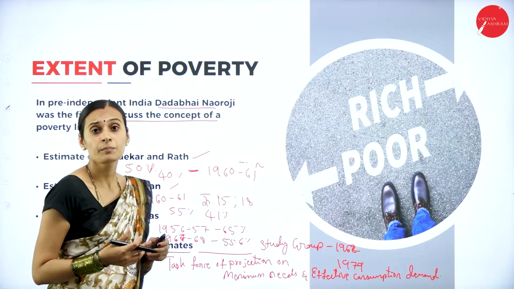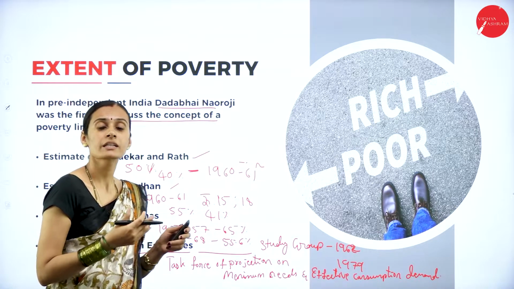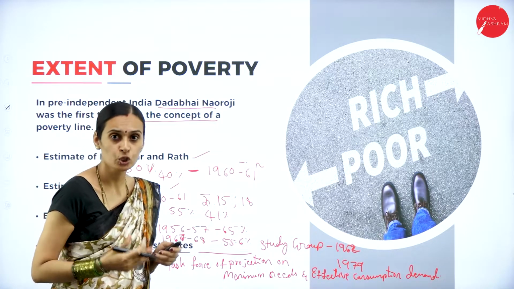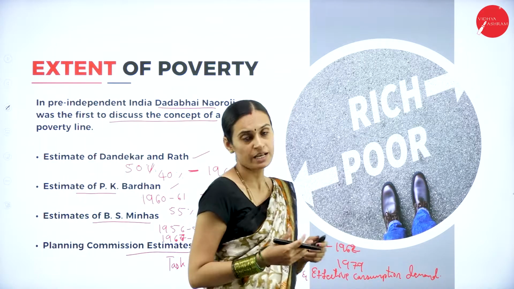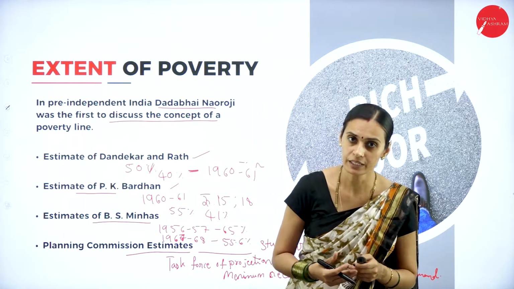And another important body was formed in 1989, the Expert Group. They tried to estimate poverty and the poverty line.